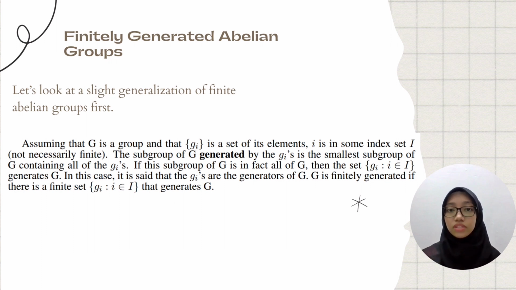If this subgroup is in fact all of G, then the set Gi, i in I, generates G. In this case, it is said that the Gi's are the generators of G. G is finitely generated if there is a finite set Gi, i in I, that generates G.